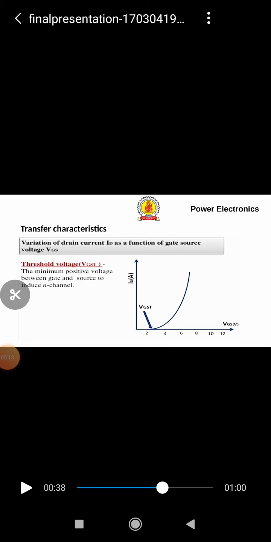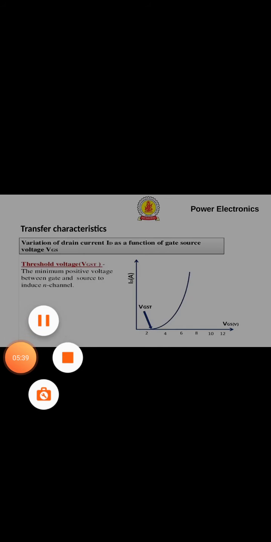This is the transfer characteristic of power MOSFET. Variation of drain current ID as a function of gate source voltage VGS. The minimum positive voltage between gate and source to induce the n channel is called threshold voltage VGST. This characteristic shows the variation of drain current with gate source voltage VGS.